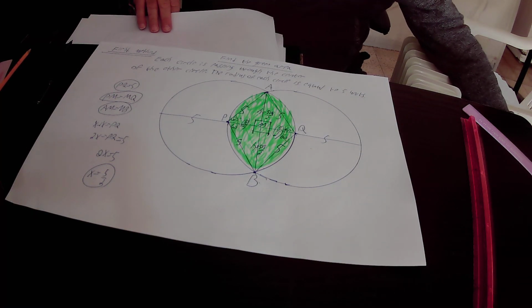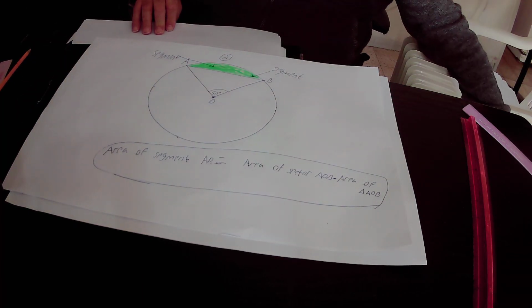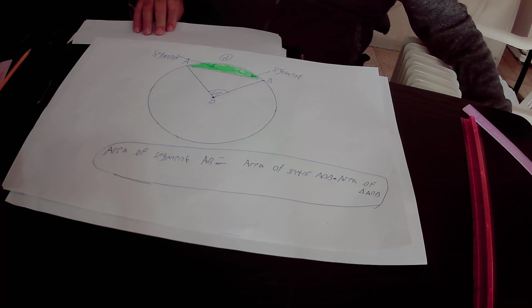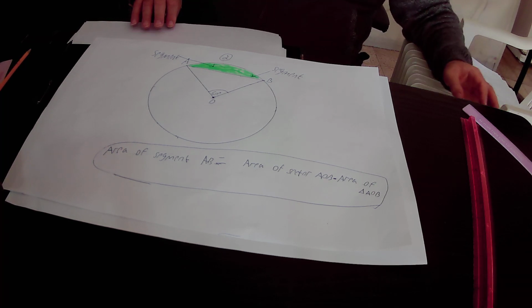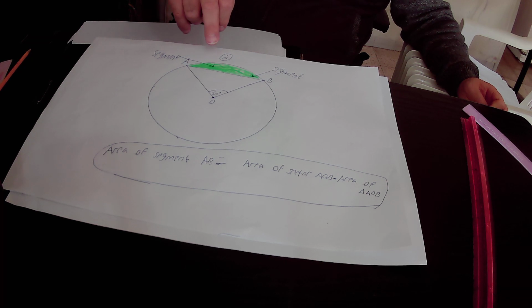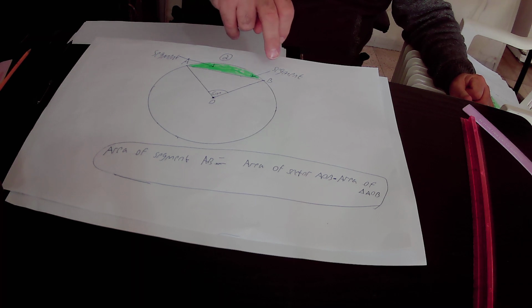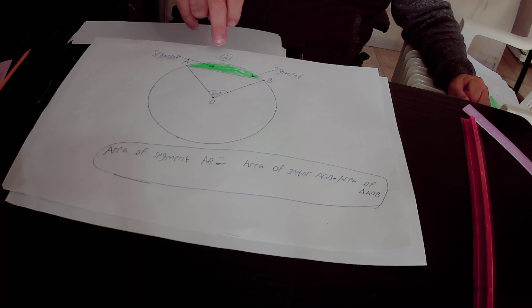Okay, and then I presented to you the definition of a segment. The definition of a segment is the area that is bounded between the chord AB and the arc that is attached to this chord. Again, the area between the arc and the chord that is attached to that arc is defined as a segment.